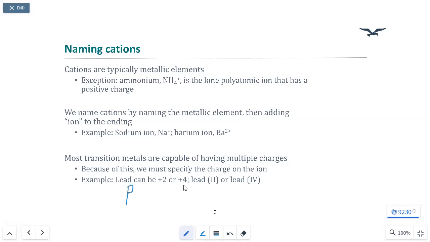So it can either look like this or it can look like this. Using Roman numerals, we would differentiate between the two. This one would be lead 2+, so this is the lead 2 ion. This one, lead 4+, that's the lead 4 ion.